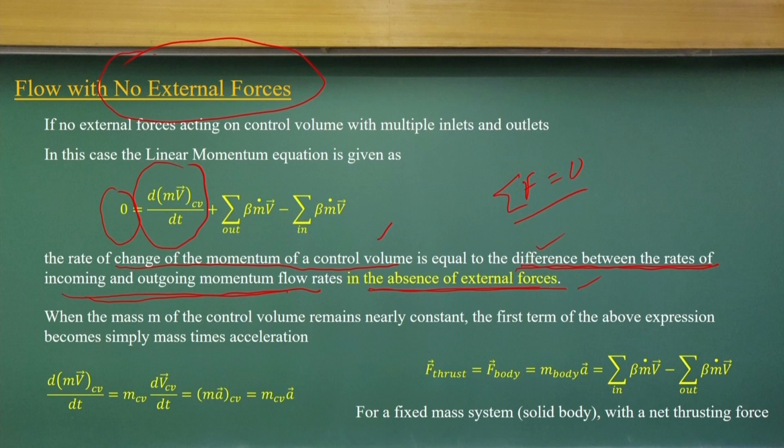If you simplify, the momentum rate of change is equivalent to the mass of the control volume times the acceleration, just like a rigid body moving. That is the force, m times a, which will be equated with the difference between the momentum flux in and out.